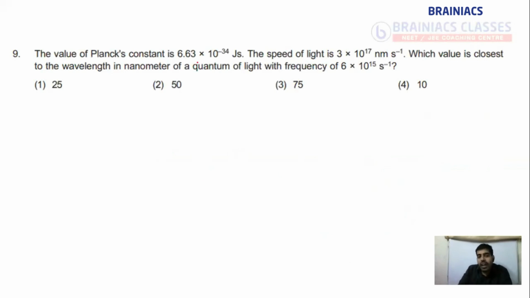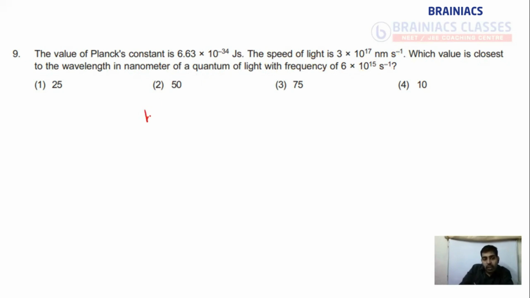The value of Planck's constant is 6.63 into 10 raised to minus 34 joules second. The speed of light is 3 into 10 raised to 17 nanometer per second. Which value is closest to the wavelength in nanometer of a quantum of light with frequency 6 into 10 raised to 15 second inverse?